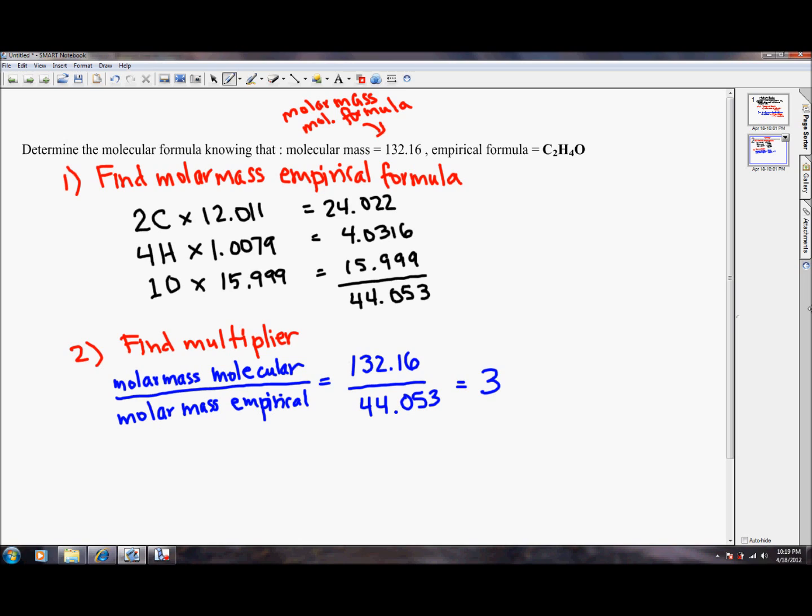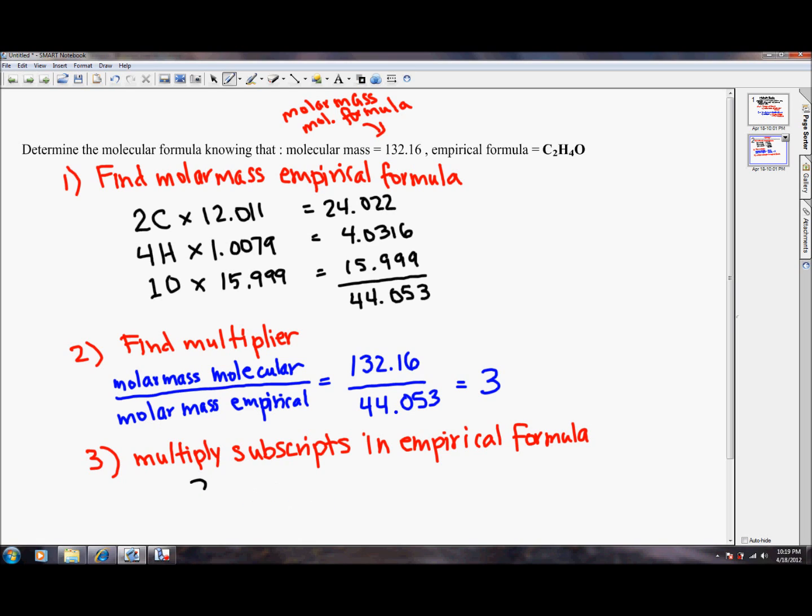So then finally, what do we do with the multiplier? Well, you multiply the multiplier. What are we going to multiply? We're going to multiply the subscripts in the empirical formula.